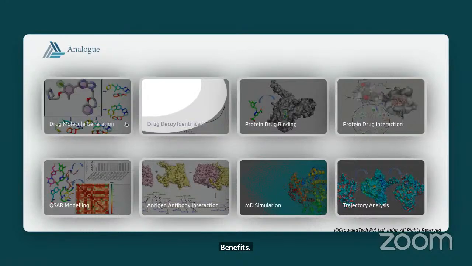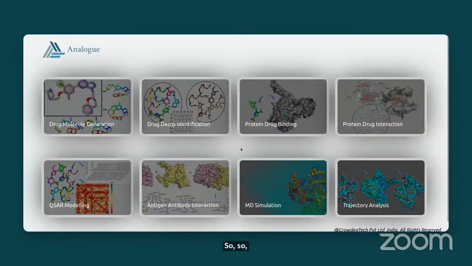So these two are very useful in case of small molecules. First one to generate novel small molecules, and second one to classify a set of small molecules as decoy or inactive, decoy or active.